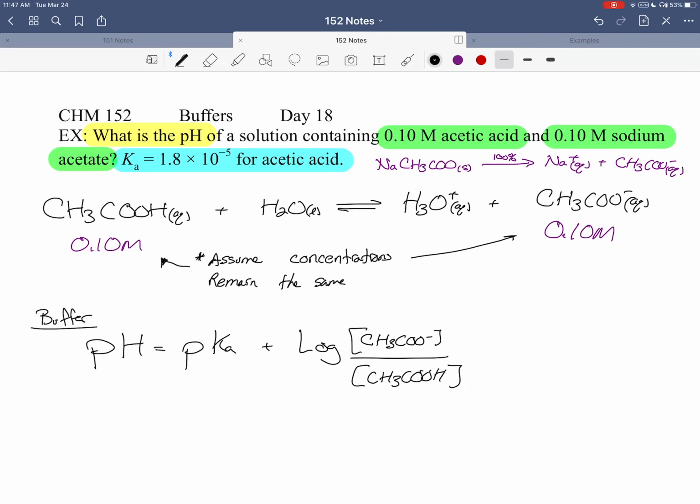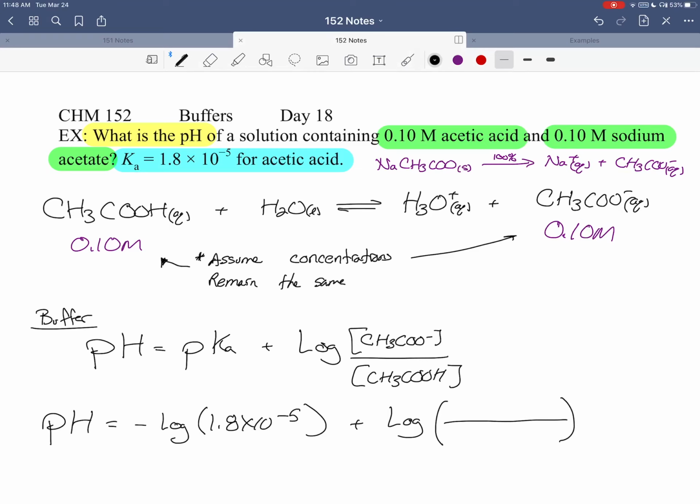All right, so pH, which is what we're looking for, equals pKa, negative log of 1.8 times 10 to the negative 5, plus the log of my base, which is 0.10 molar, over my acid, 0.10 molar.